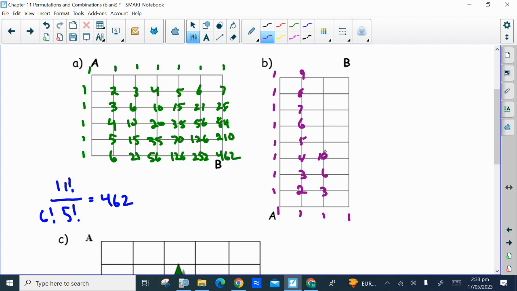And that pattern continues. To get to this point here at the bottom of that last line, you can either come from the left or below, so you'll add those two numbers together and continue.